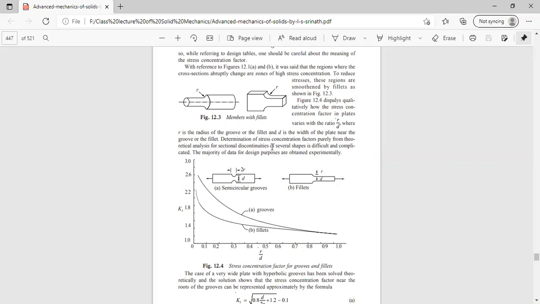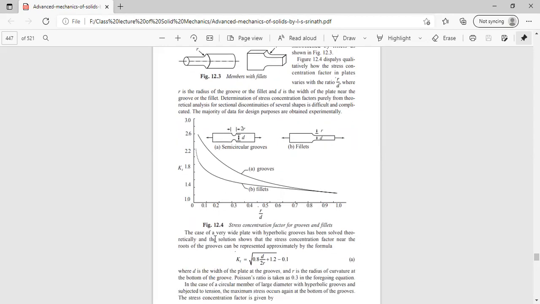If we want to find exactly what the stress is everywhere in the fillet or everywhere in the reduced area, it is extremely difficult. So we are just using our experimental factors to make a chart like this. It is the stress concentration factor for the groove and the fillets.